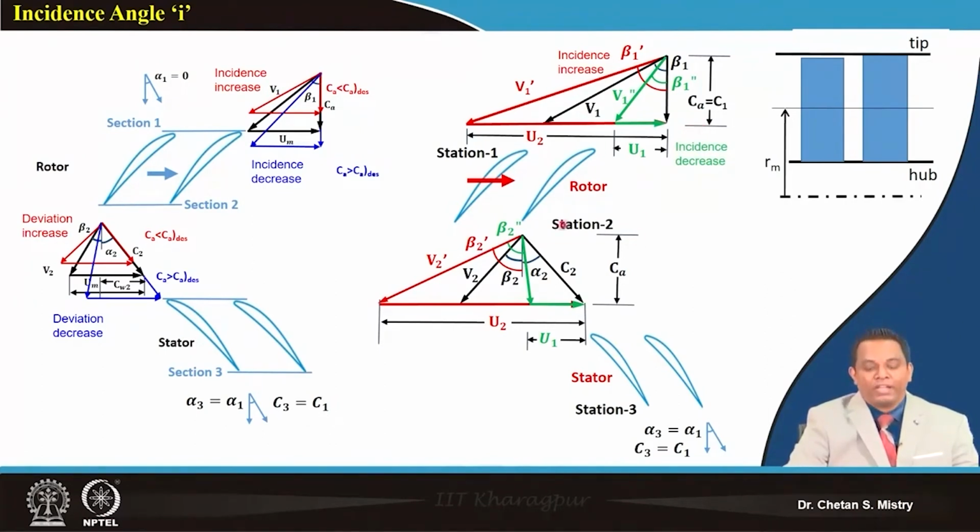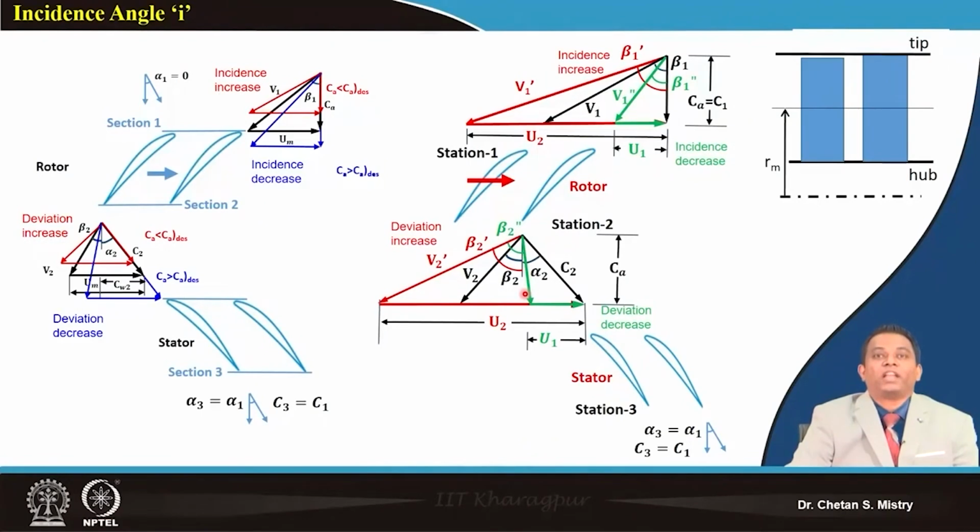Now if you look at the exit condition, we will have a similar kind of trend, because my peripheral speed is higher, which will give me an increased deviation when my peripheral speed is increasing. And here, my deviation is decreasing with the decrease of speed. So you can understand my blade is all the time working under different flow incidence.